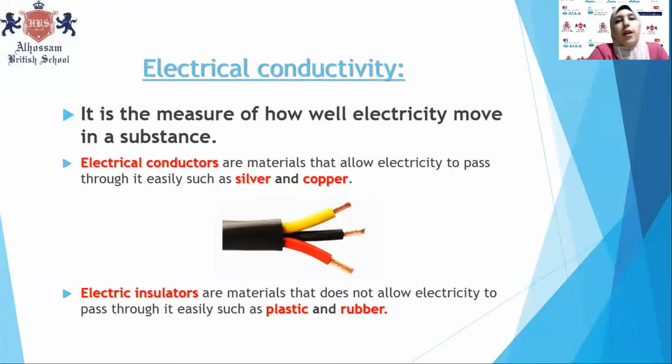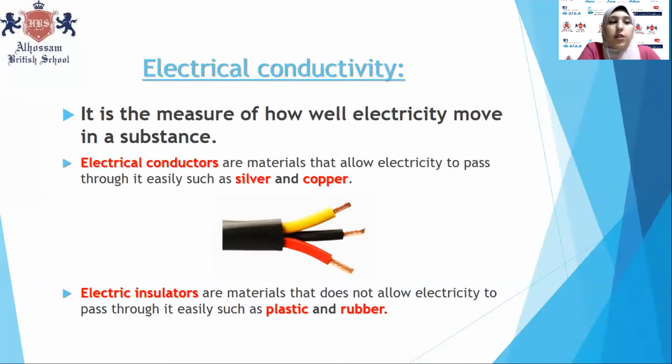So the electrical conductivity is the measure of how well electricity moves through a substance. And this is also a definition, guys. You just need to memorize it well.